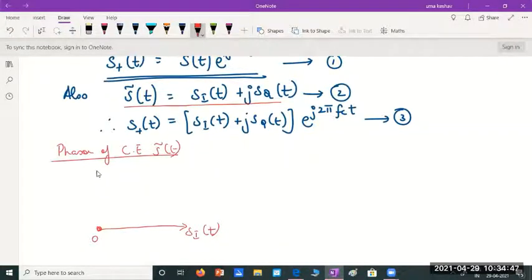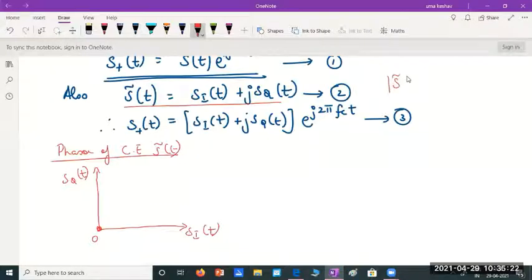The quadrature-phase component is s_Q of t. I hope all of you remember the phasor diagram. You draw the length of the x-axis to match the magnitude of s_I of t, and the length of the y-axis to match the magnitude of s_Q of t. Now, what is the resultant of these two? That is your s tilde of t.